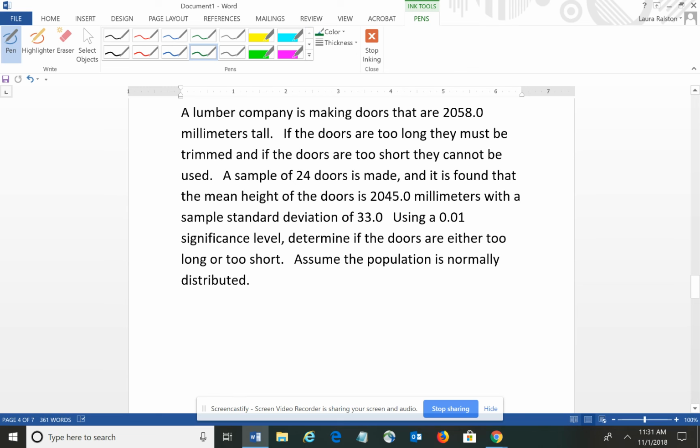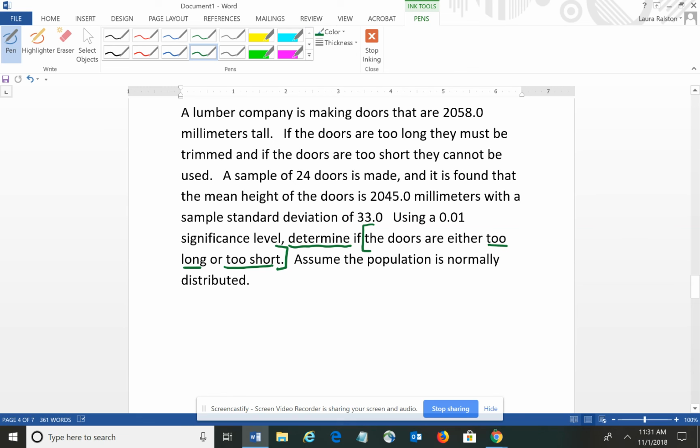So here again, we're trying to decide, think about what our hypothesis is. And again, towards the end here, it kind of gives us the idea of what it is because it says determine, do we believe or can we claim the doors are too long or too short? Well, again, you have to think about what it means if the doors are going to be too long or too short.